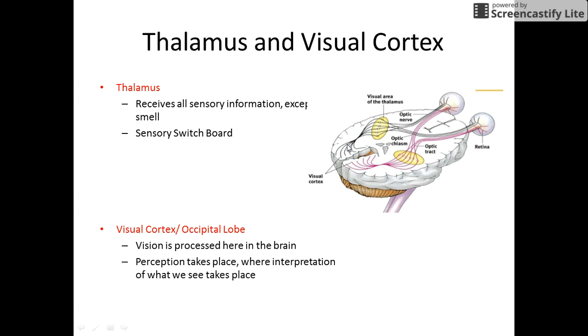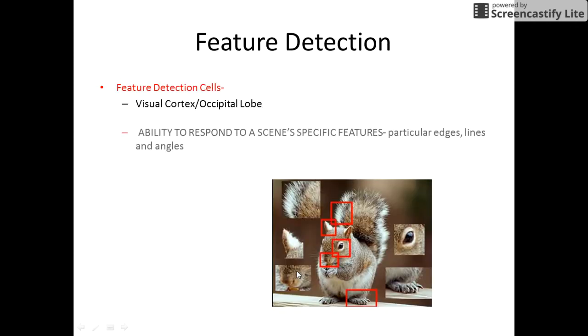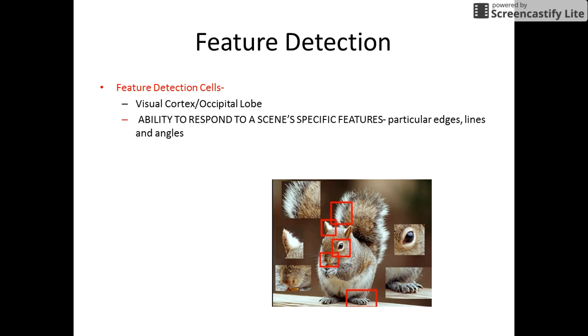We've been talking a lot about sensation, picking up. Perception takes place here, where the brain interprets what we see. What allows us to understand what we see is what's known as feature detection cells. These are found in the visual cortex, the occipital lobe, and it's our ability to understand a scene's specific features. It helps us understand pictures as a whole, particularly edges, lines, and angles.